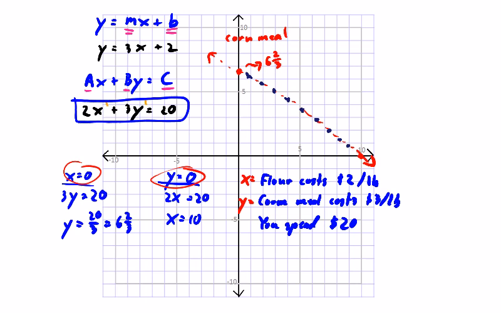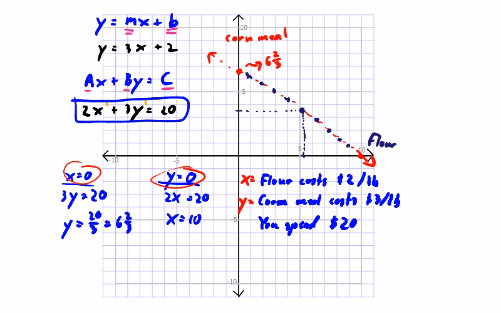So this point right here shows us that if we get a little bit more than 5 pounds of flour, this was flour on this axis, we can get somewhere between 3 and 4 pounds of cornmeal as well. We could figure out the exact point on the line by either putting in an amount of flour and determining how much cornmeal we could have, or vice versa.